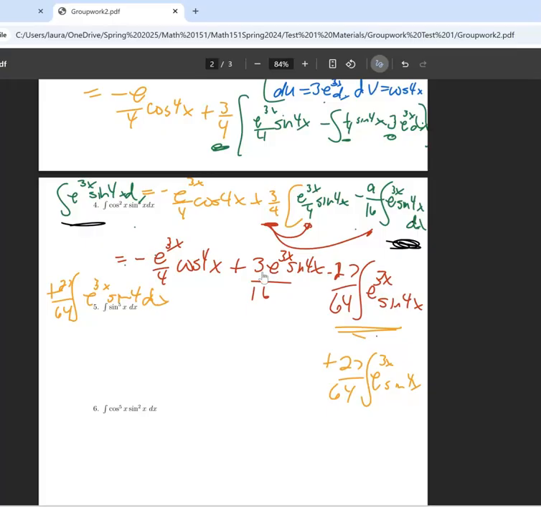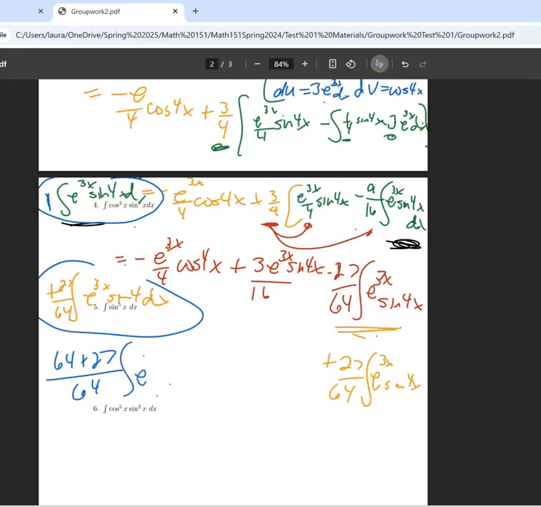Okay, so let's think about what's happening here. So if I take this and add this, this is like a 1 plus this. So this is a 64 plus 27 over 64 e to the 3x sine of 4x dx, right?